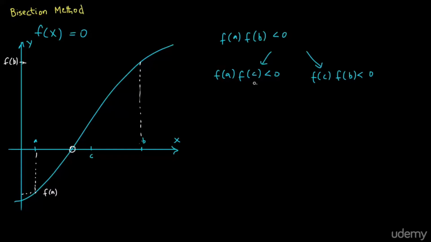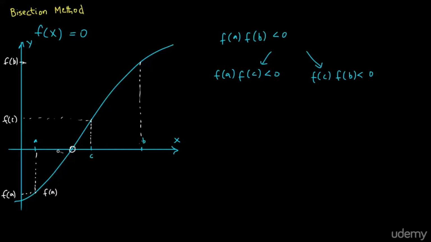So in this case, we have f of a times f of c less than 0, because if you look at the picture here, you'll see that this is where the solution lies. So once again, we get a value of f of c. F of c is positive, f of a here is negative, so we know that their product is going to be negative. So we know the solution is between a and c, and once again we do a bisection.